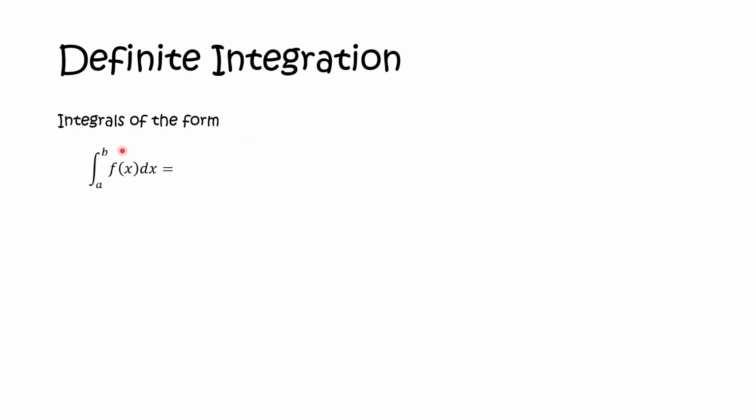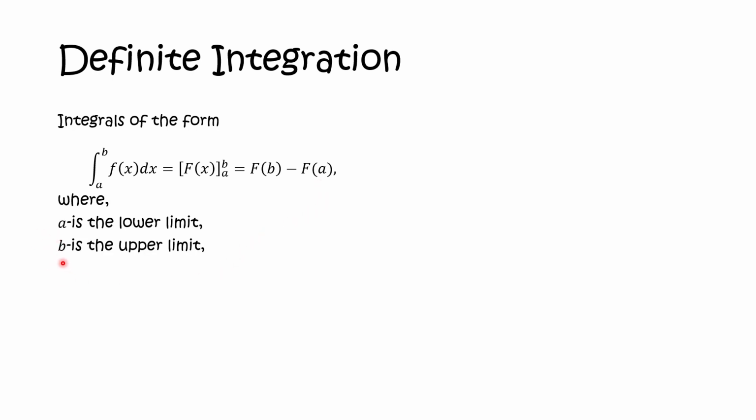So integrals of the form integral from a to b of f of x dx would then be integrated to give us a capital letter F of x that has to be evaluated from a to b, so that we have capital F of b minus capital F of a, where in this case a is the lower limit and b is the upper limit.